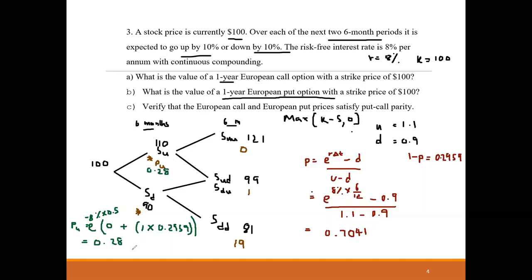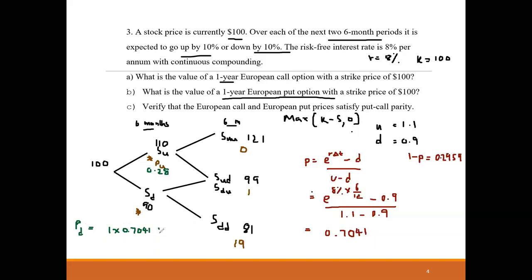If it goes down, then PD would be what? If it goes up, the payoff would be 1, but what you can expect is only 0.7041 out of this.